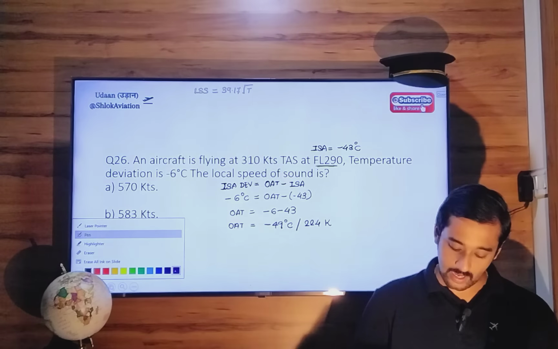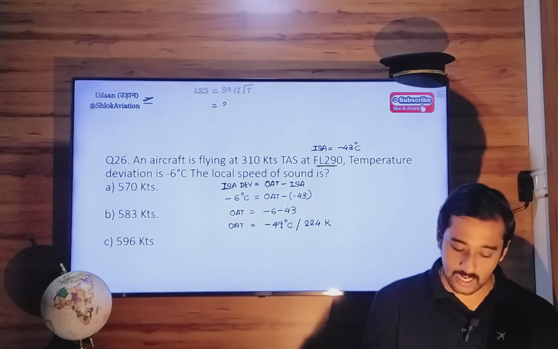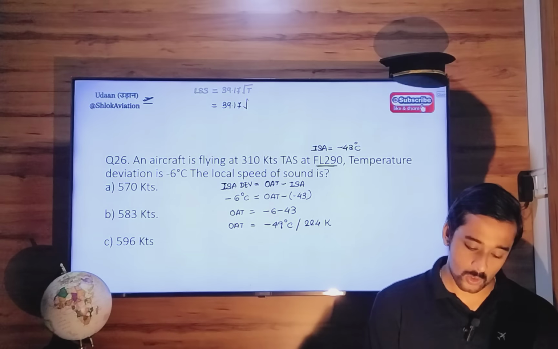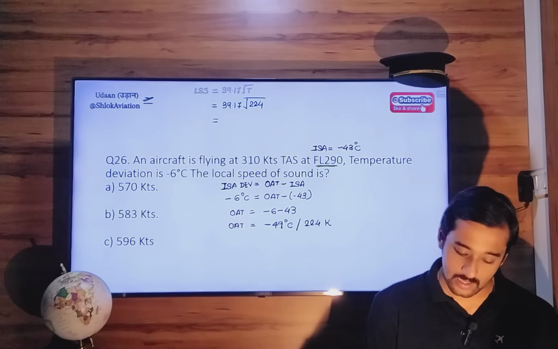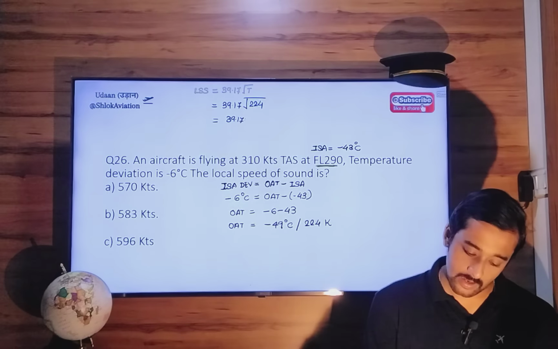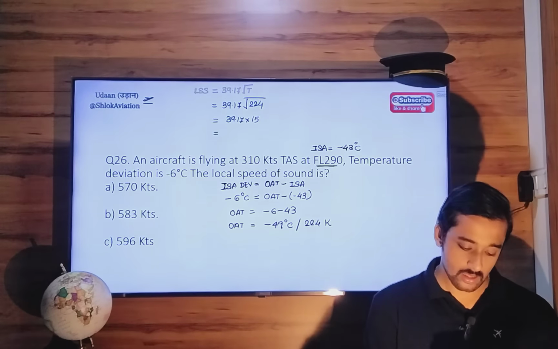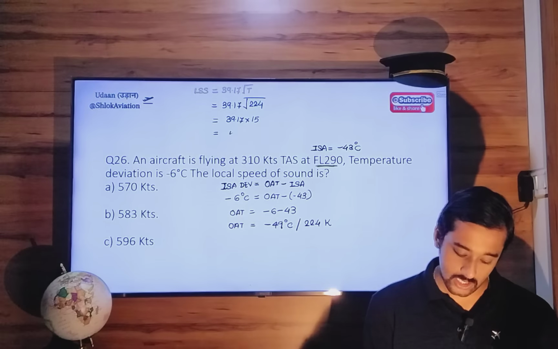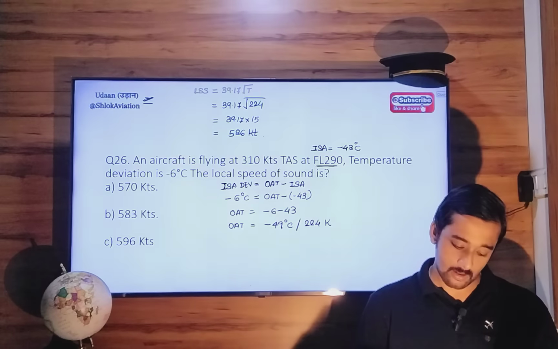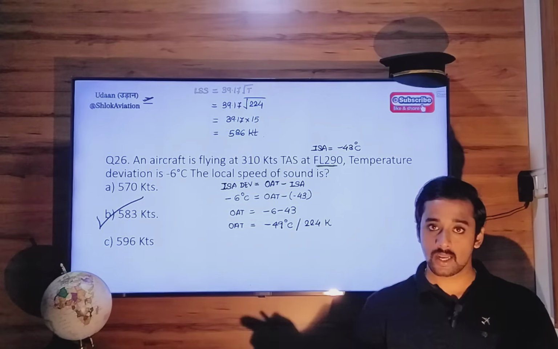So let's put this value here. 39.17 square root of 224. Square root of 224 is 14.9, or 15. 39.17 cross 15. That is 586 knots. So the closest option here will be option Bravo, 583 knots.